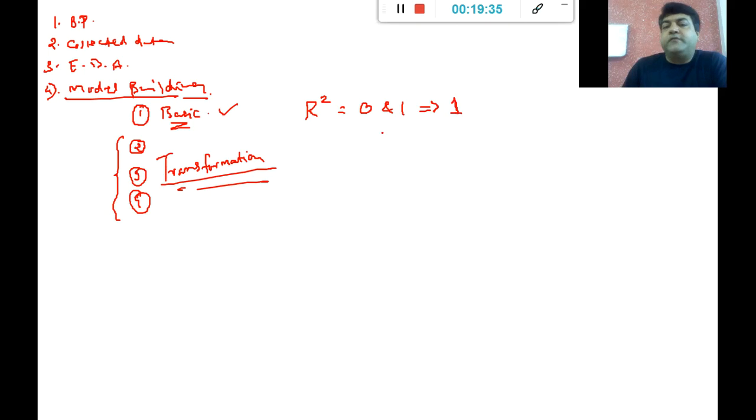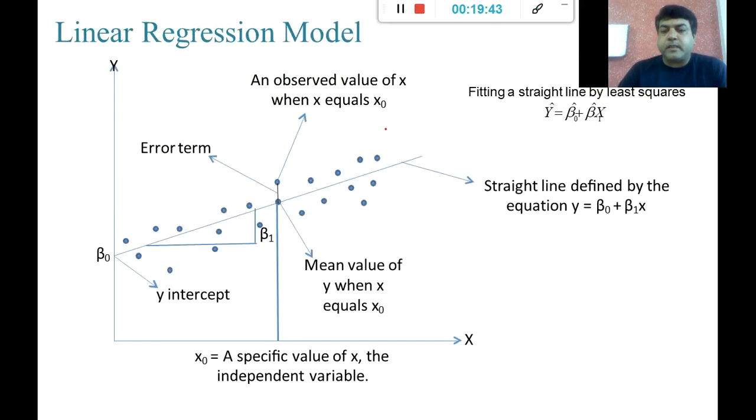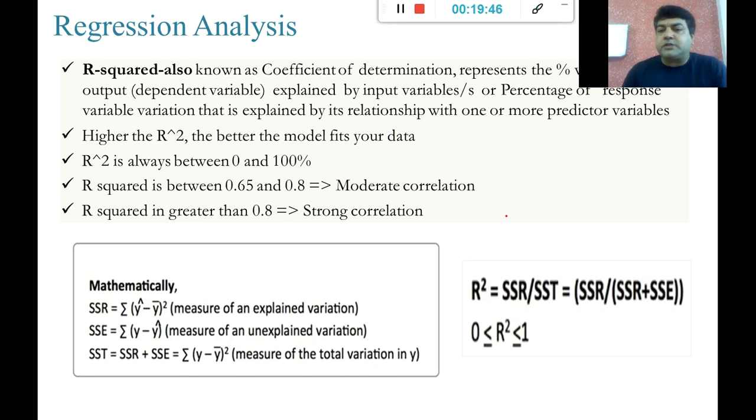While understanding linear regression, we saw that R square is equal to SSR divided by SSR plus SSE. Now this SSE is my error term, the sum of squared errors. If I make this 0, then I will get R square as 1, which means I need to find a better R square for my models.